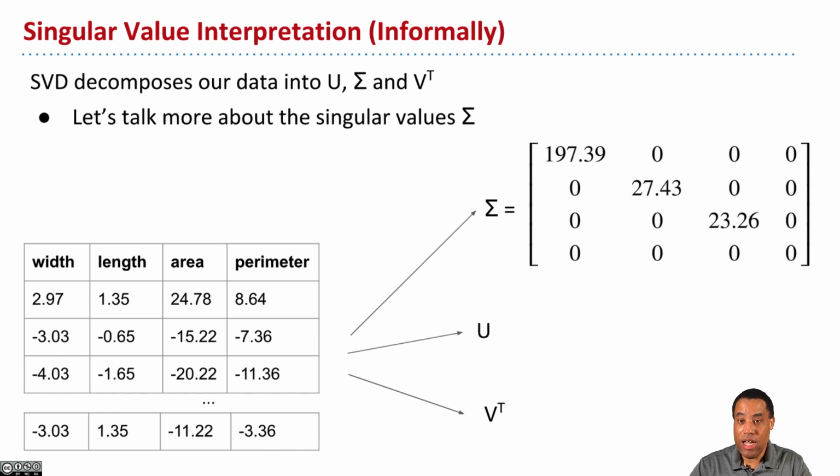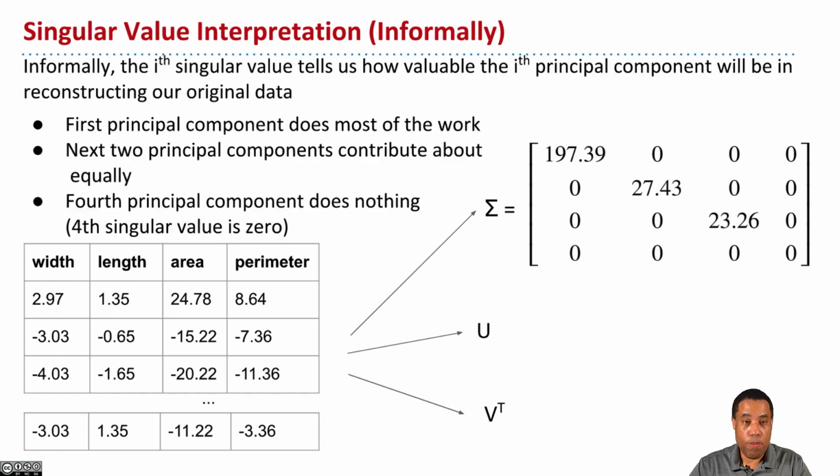The second has a value of 27.43, and the third has a value of 23.26, and the fourth is 0. So, informally, what we can say is that the ith singular value tells us how valuable the ith principal component will be in reconstructing our original data.